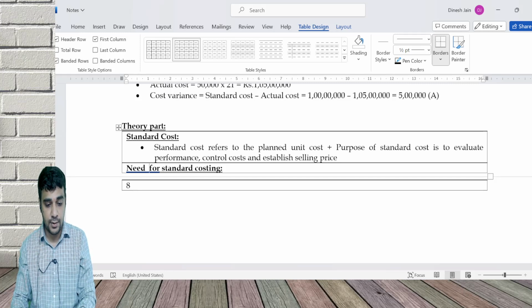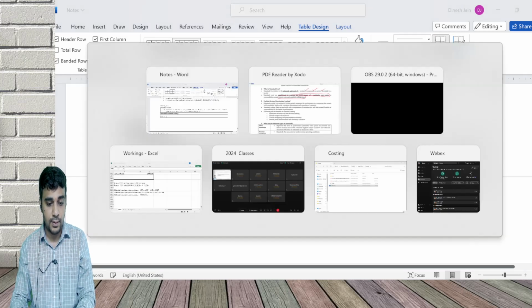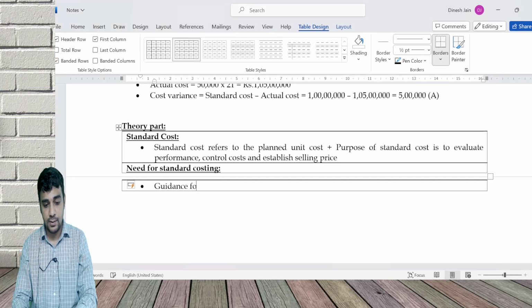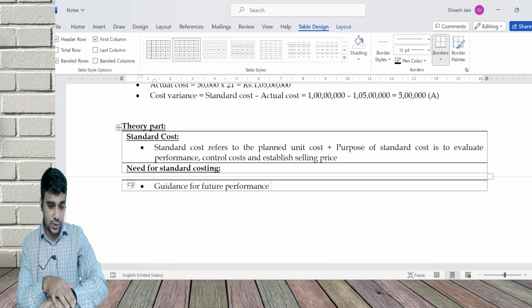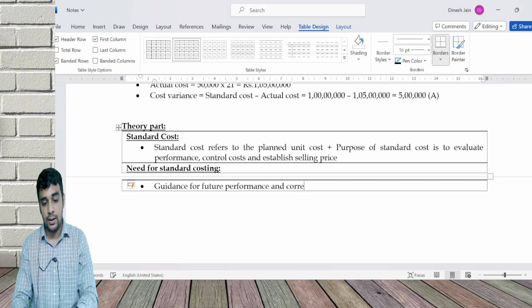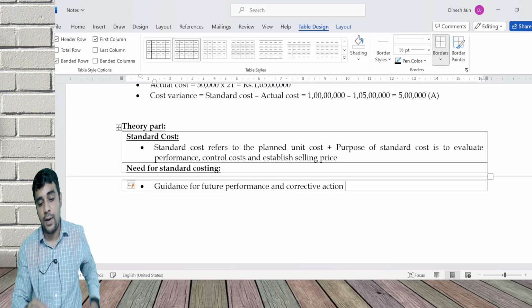Need for standard costing. Guidance for future performance and corrective action.